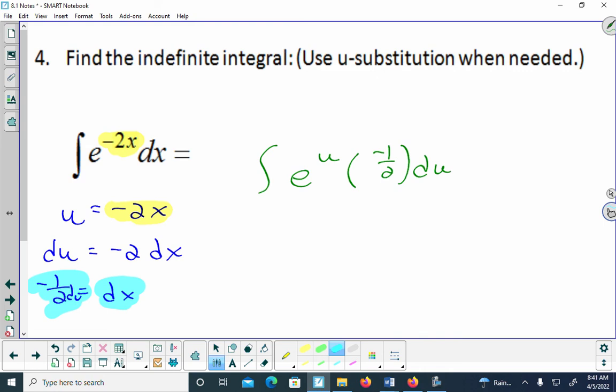I am going to just do e to the u, so e to the u plus c. So now I'm going to replace my negative 2x. So negative 1/2 e to the negative 2x plus c. And I'm going to say that that's equal to f of x. And that's it. That's all I do.